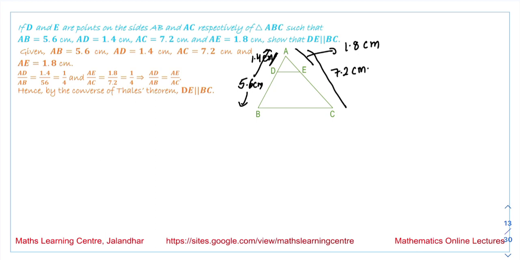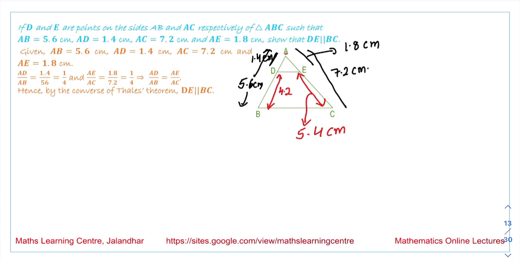So if this length AD is 1.4, then BD is 4.2 centimeter. Similarly, this second length will be 7.2 minus 1.8, that is 5.4 centimeter.